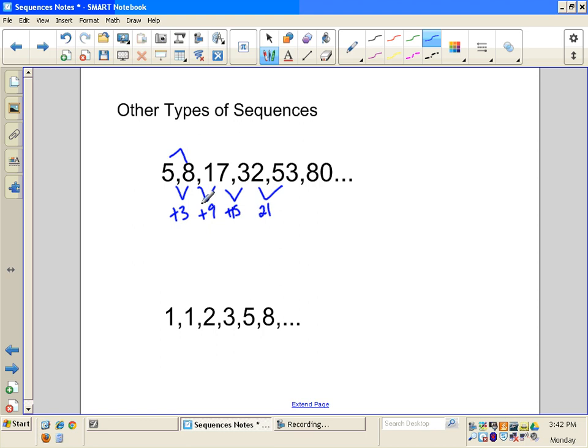But if you do go out one more layer, you can see that the difference between all of these is 6. And so since we're finding the common difference at the second layer, this is a quadratic sequence.